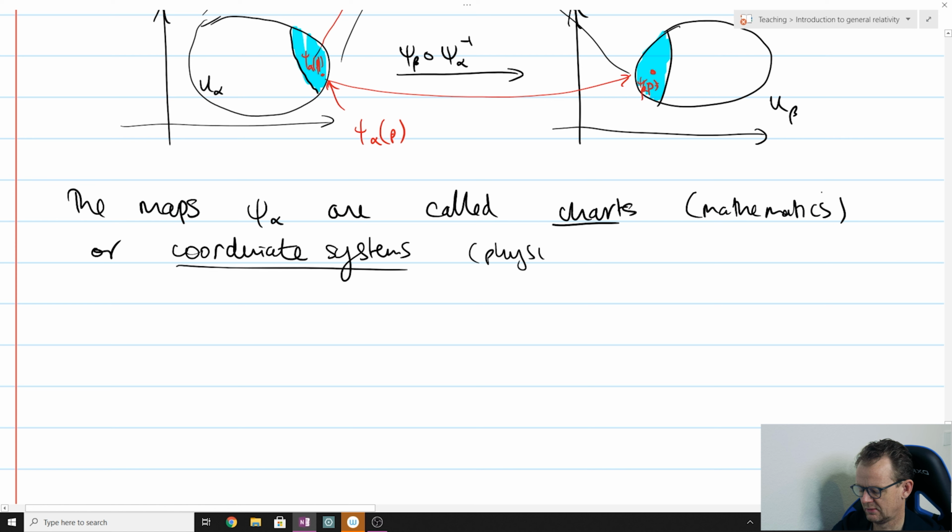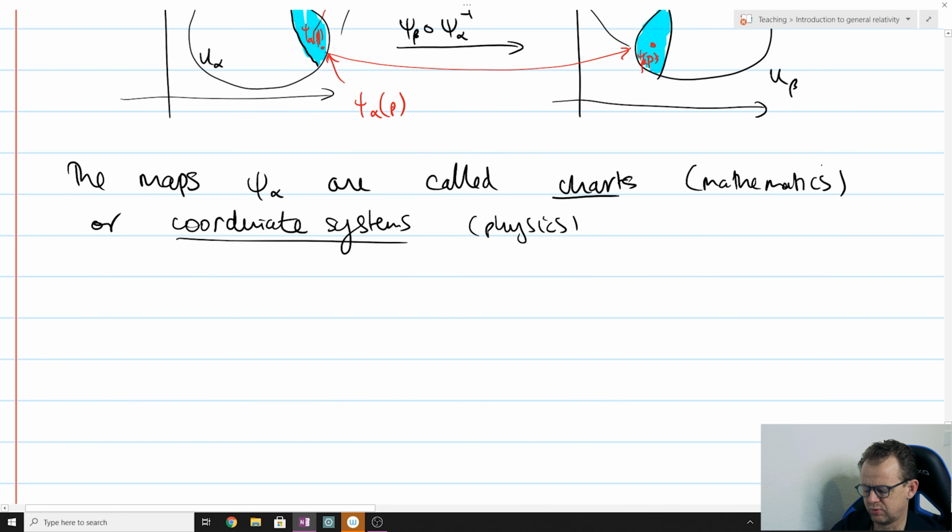That's probably the terminology that might feature more prominently in physics. And so I probably will call them interchangeably charts or coordinate systems throughout this course.